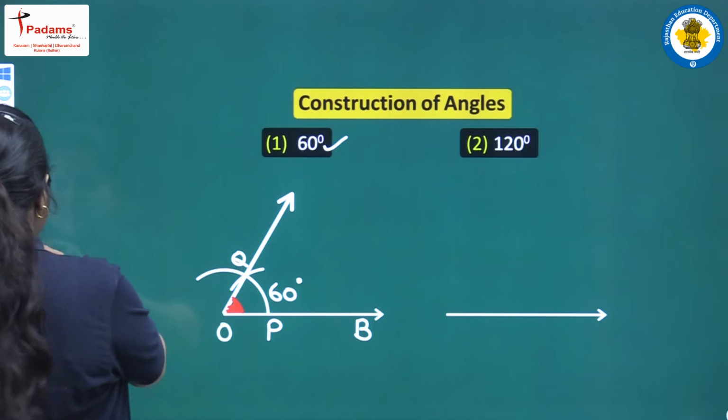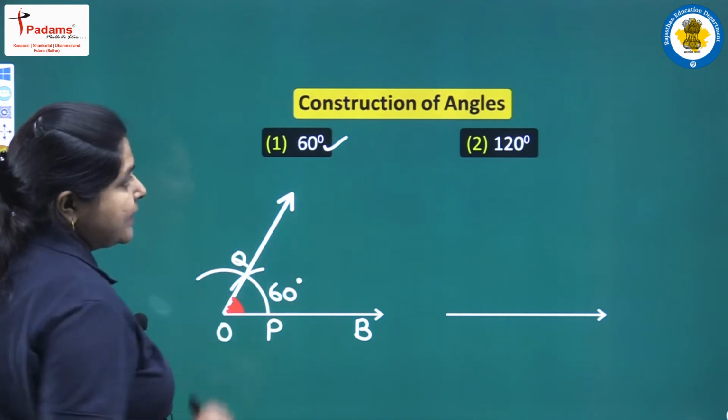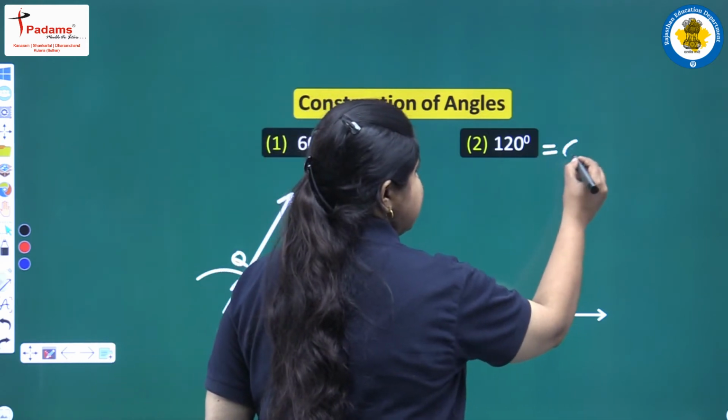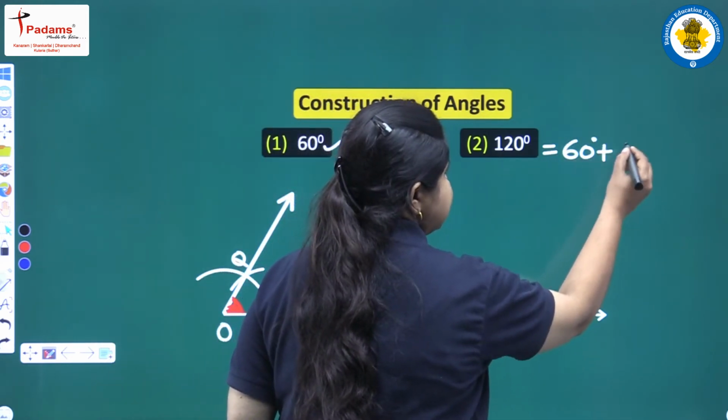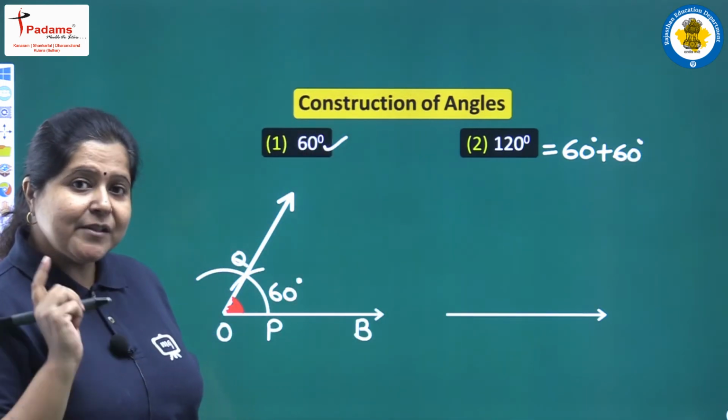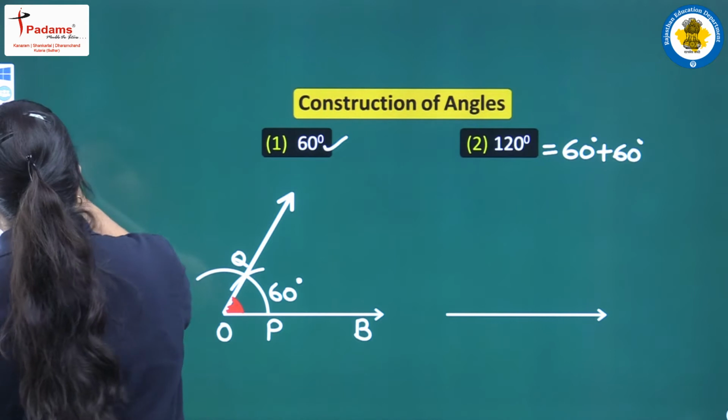Next we have the construction of angle 120 degree. You all know that 120 degree is 60 degree plus 60 degree. So we need to construct 60 degree angle 2 times. Let us bring our compass back here.